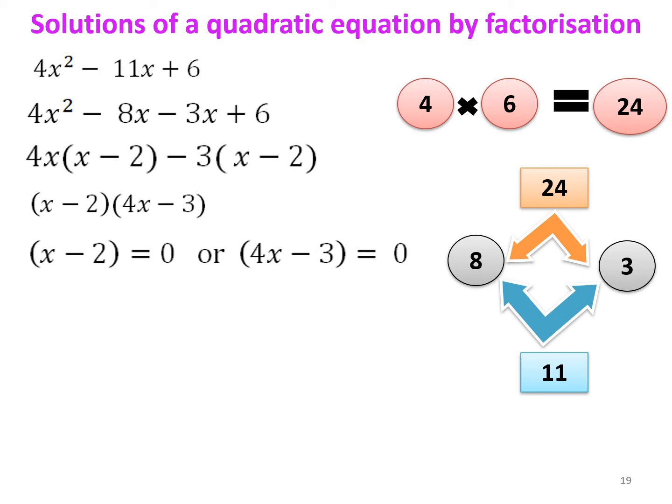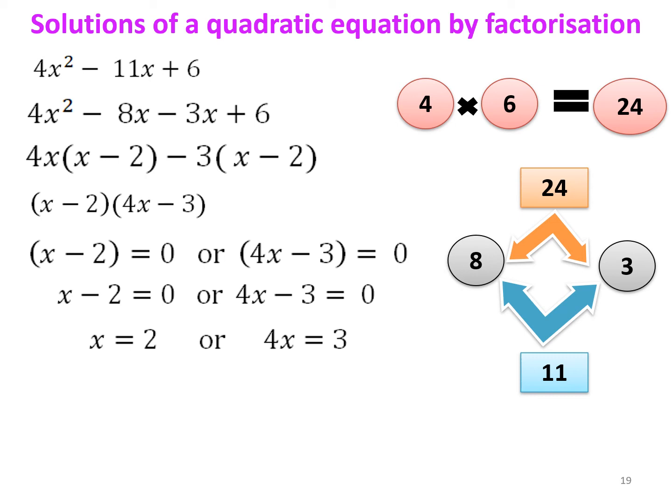x minus 2 is equal to 0, or 4x minus 3 is equal to 0. x minus 2 is equal to 0, so I can say that x is equal to 2. 4x minus 3 is equal to 0, so I can say 4x is equal to 3, and therefore x is equal to 3 upon 4.